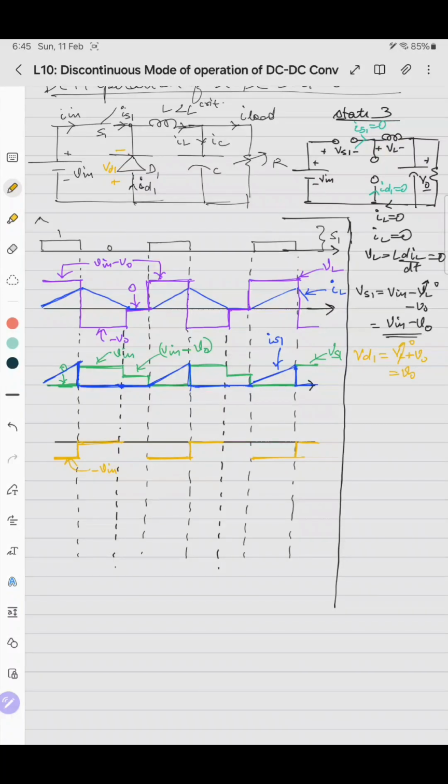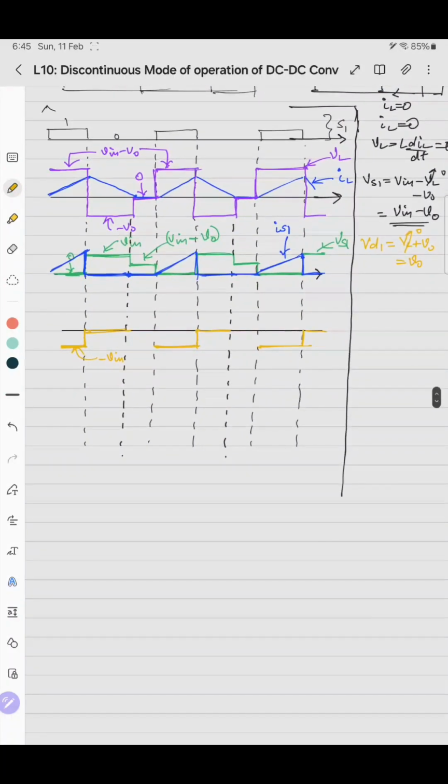So voltage across that will be plus V0. So this is 0 and this is V0.